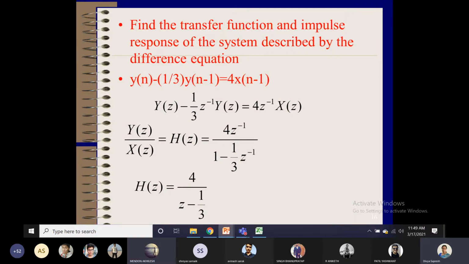A raised to n, a raised to n minus 1 u of n.